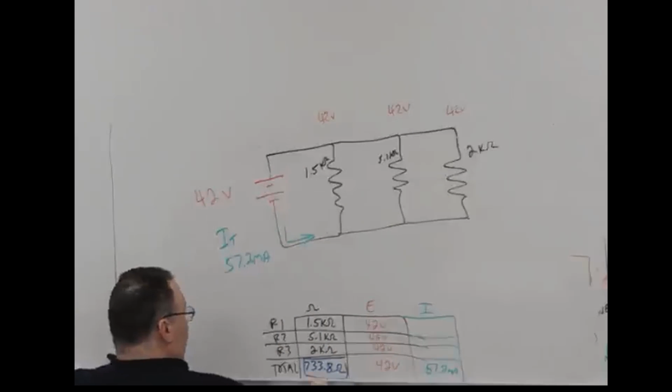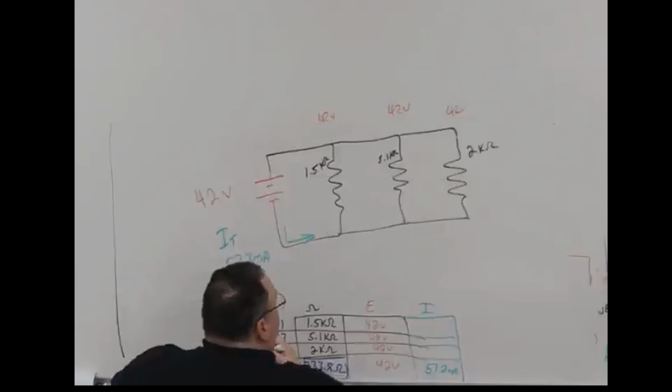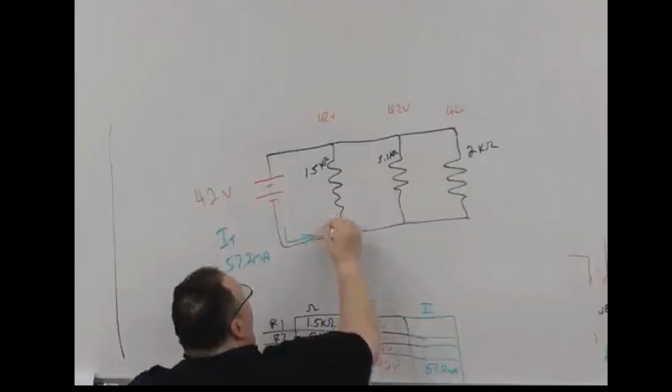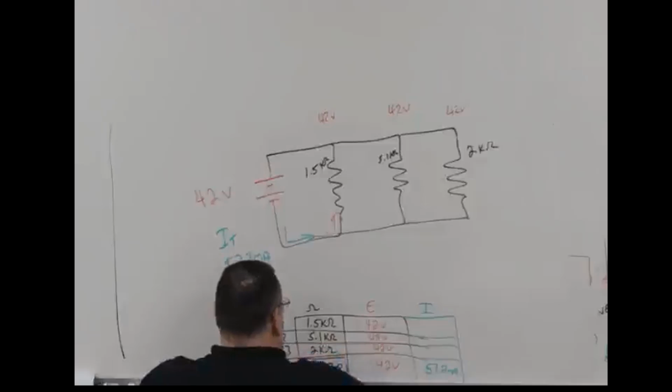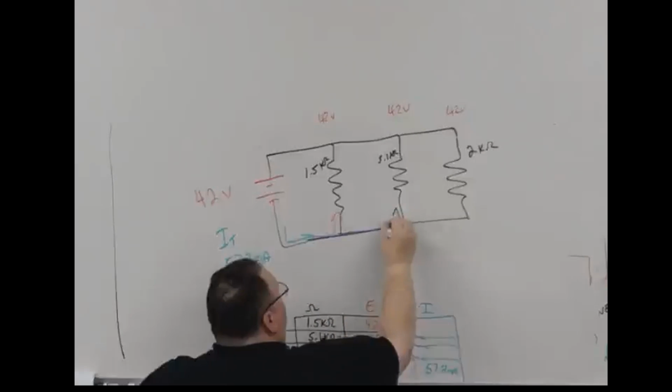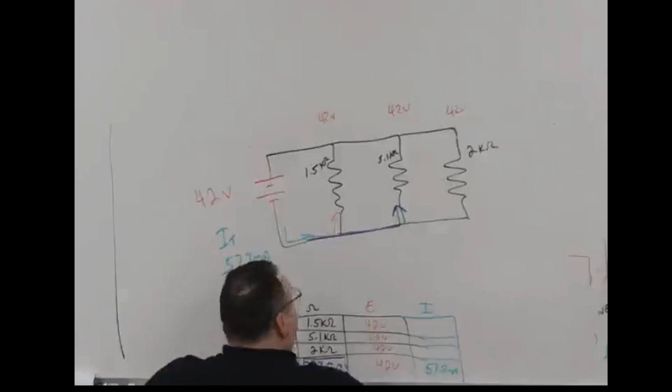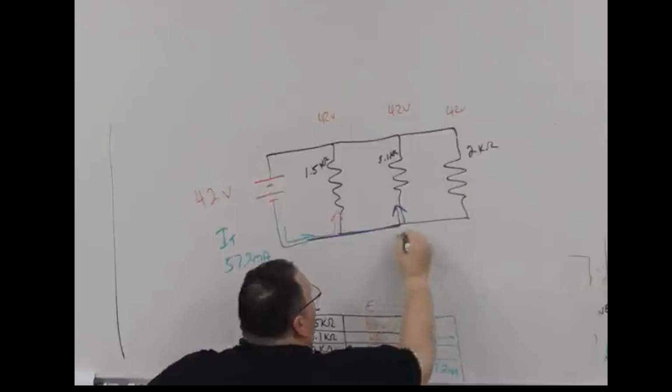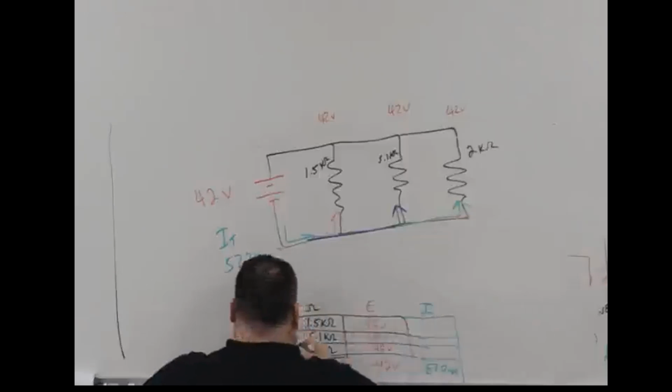Well, we know that this current is going to get split up three ways. A small amount is going to go through R1, another amount is going to go through R2, and another amount is going to go through R3.